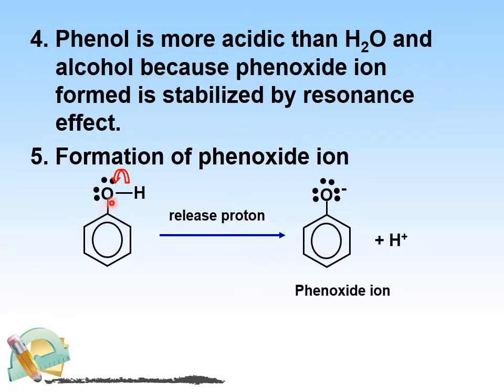And when H plus is released, ionized, electron would be more for the oxygen, and this will make the phenoxide ion more stable because the electronegative part, oxygen, has enough electron.